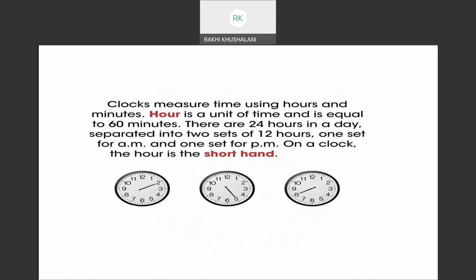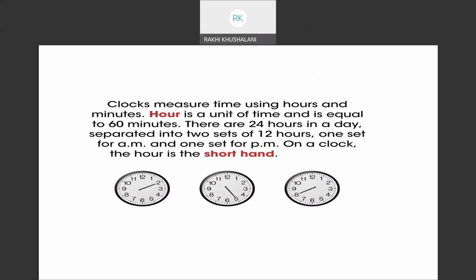Now, children, you know that the clocks measure time using hours and minutes because hour is a unit of time, and it's the biggest unit of time and is equal to 60 minutes. Okay? 1 hour is making 60 minutes.